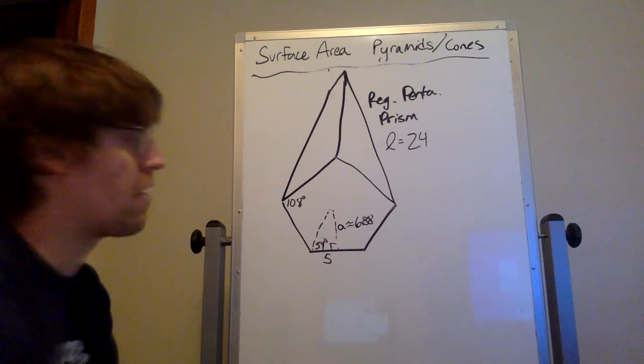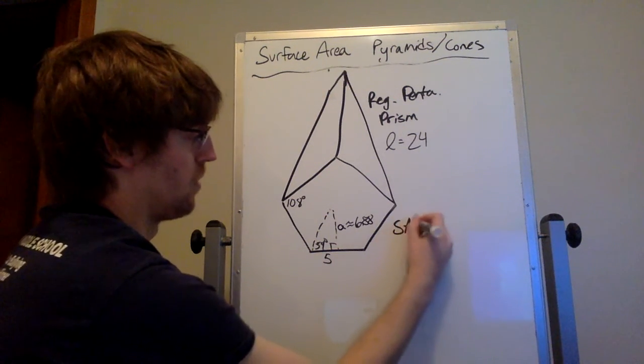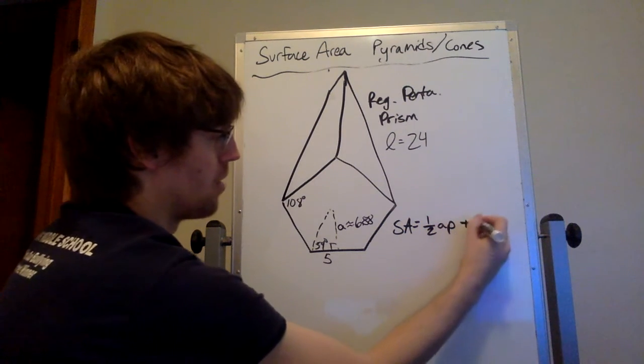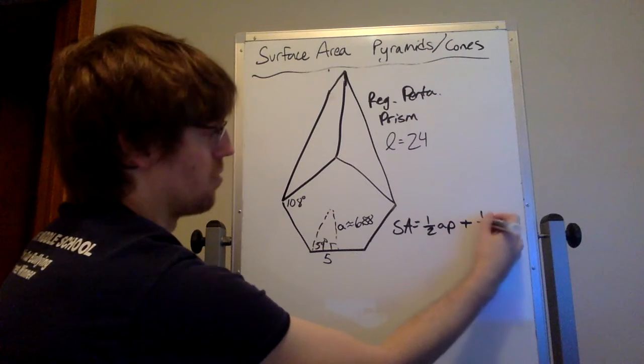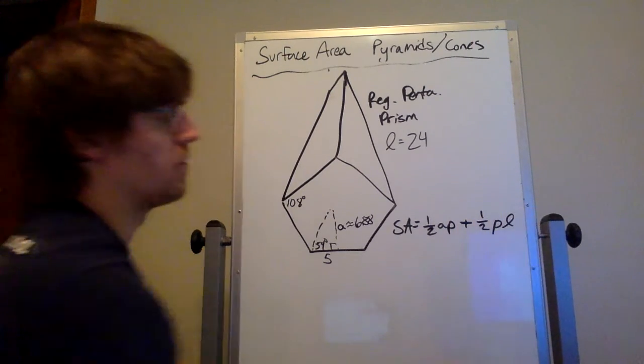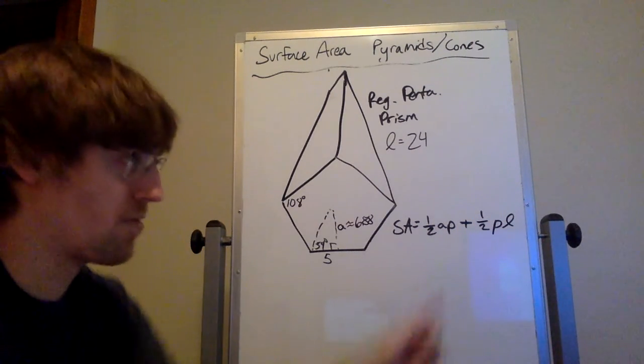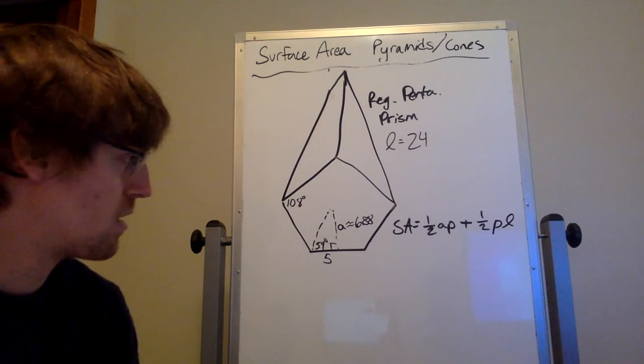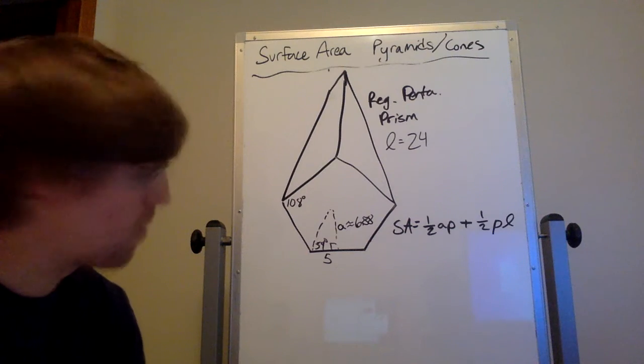So now if I want to find the area of the base, surface area is going to be 1/2 AP plus, I guess also 1/2 PL. I just wrote the 1/2 instead of dividing by 2. That's the apothem times the perimeter.